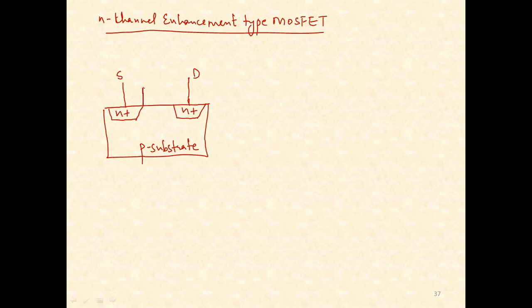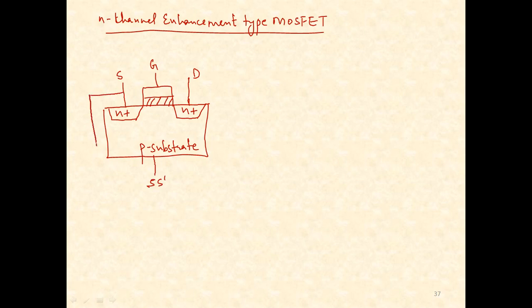Now the most important portion is the metal and insulator part. That is our insulator part, the shaded portion, and the top portion is metal. This acts as the gate. We also have a substrate, but usually it is not represented. We'll just express it by the symbol SS dash.